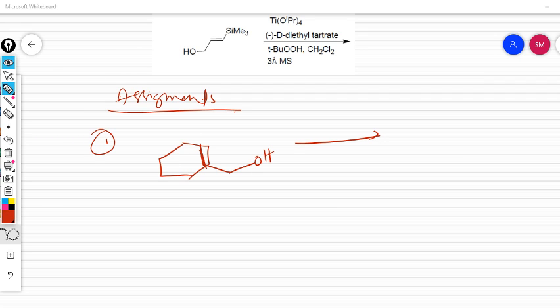So I am using titanium tetraisopropoxide and TBHP and plus diethyl tartarate, and others. Then what could be the product? Next, similar with minus diethyl tartarate. So these all are the same. What could be the product? Okay. Next.